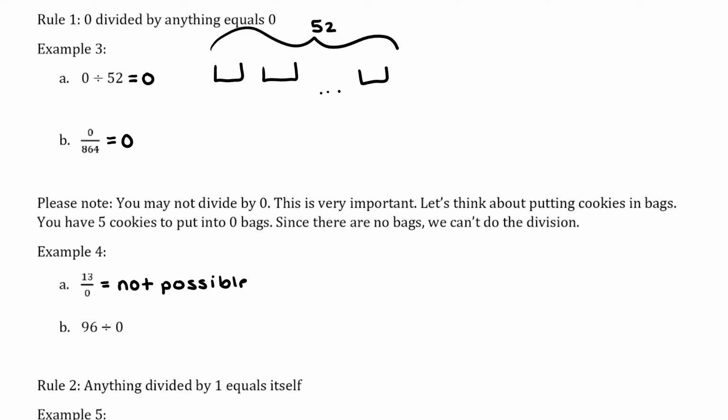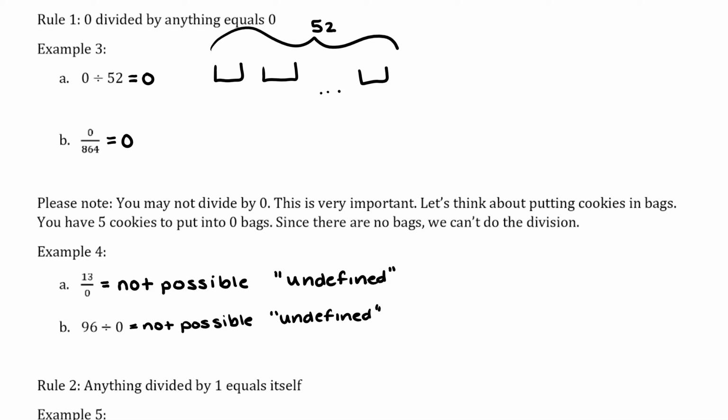And in math, we call that undefined. And then part B, 96 divided by 0 is not possible. And again, I would call that undefined.